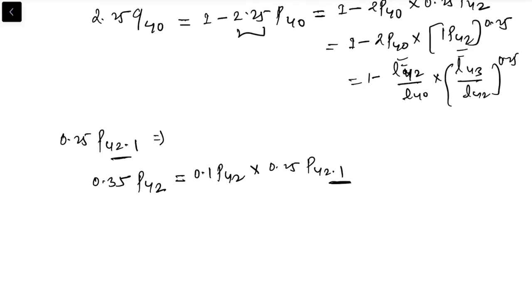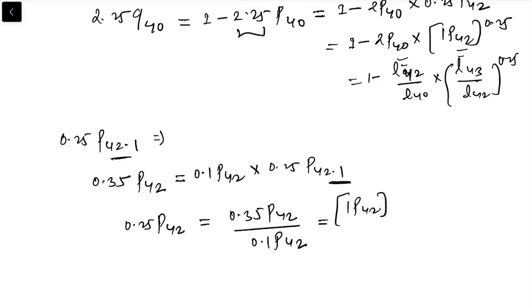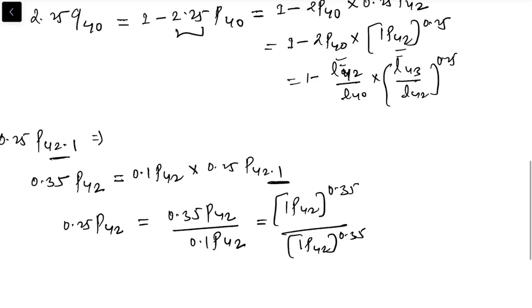Now from this we can say that 0.25p42.1 is 0.35p42 divided by 0.1p42, or I can write this as 1p42 to the power 0.35 divided by 1p42 to the power 0.1, or I can write this as 1p42 to the power 0.25, right? 0.35 minus 0.1 is 0.25.